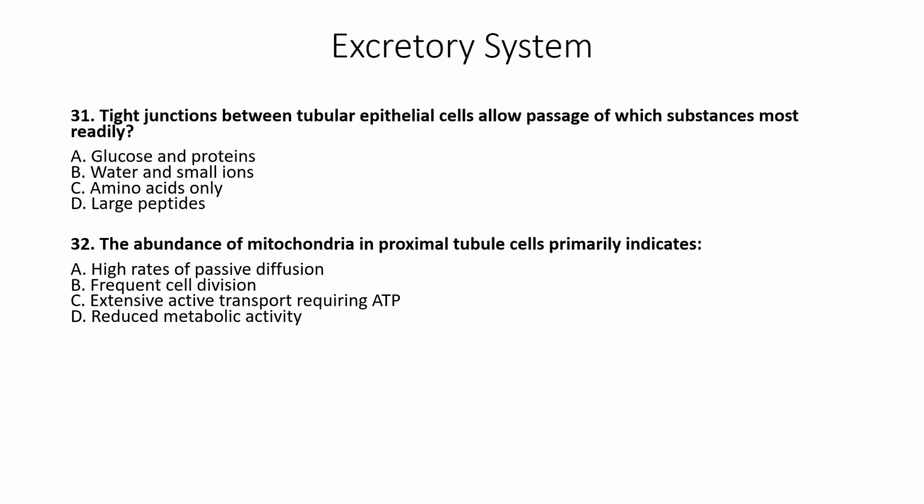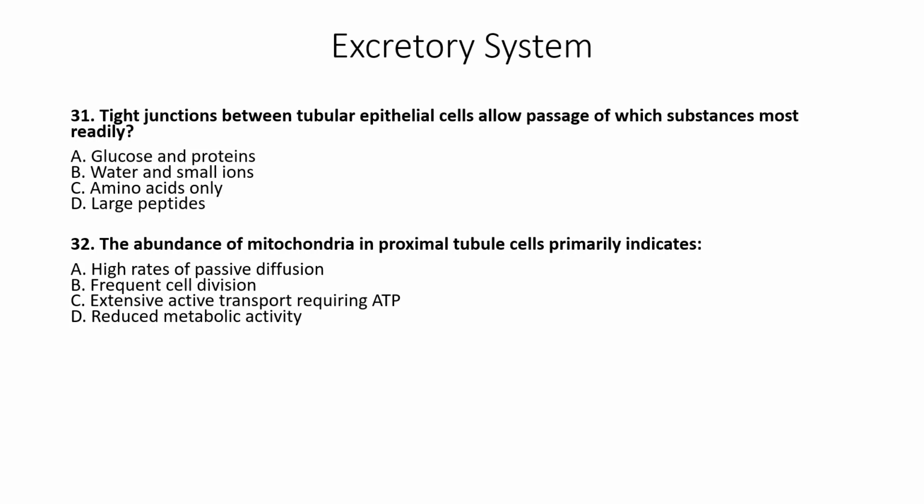Okay. So the PCT contains a lot of mitochondria to allow for active transport, particularly via the sodium potassium ATPase pump. Okay, so active transport needs ATP, and a high mitochondrial density would make sure that this continuous energy supply is possible, and allows the movement of substances typically against their electrochemical gradients, meaning that you're moving from a region of low concentration to high concentration, which is against their concentration gradient.